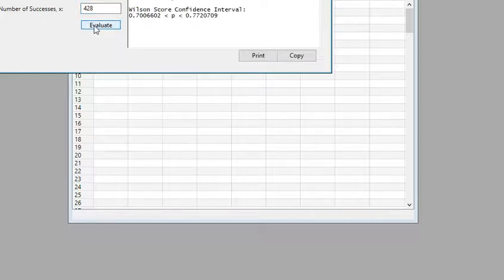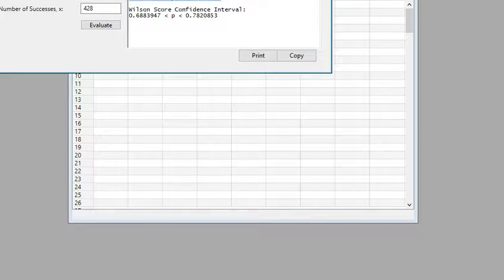And then click evaluate. Nice. I must have typed in something wrong. 0.99. There we go. Now we get the exact same confidence interval. Be careful, the confidence interval that you want is this one right here. It's not the one down below. I'm not sure, but my guess is this is what's called a non-parametric confidence interval. I'd have to double check on that, but this is the confidence interval that we want.